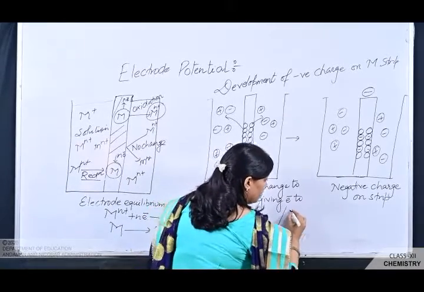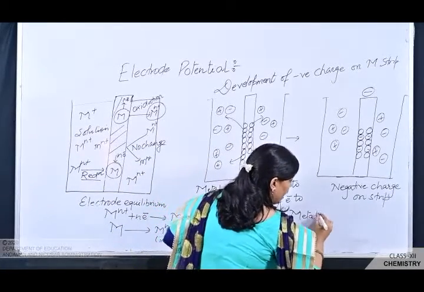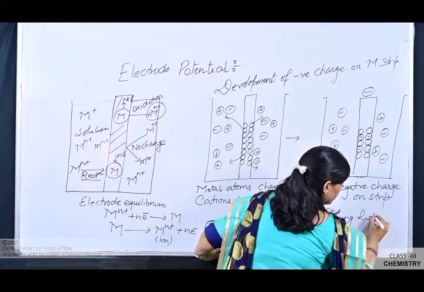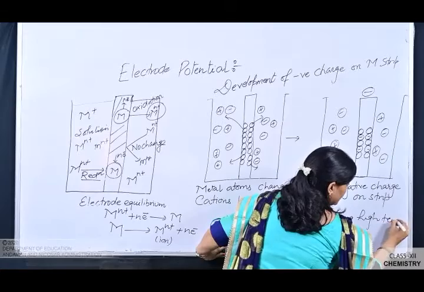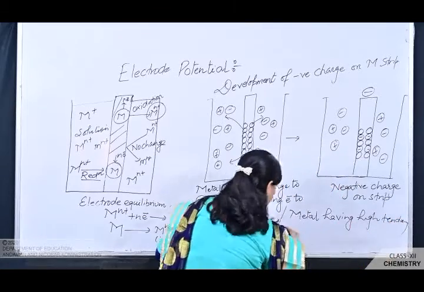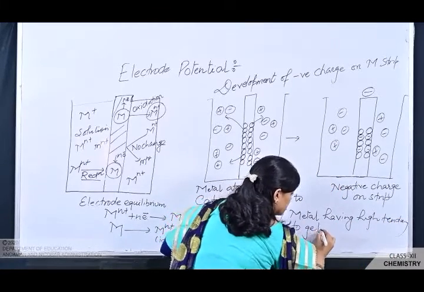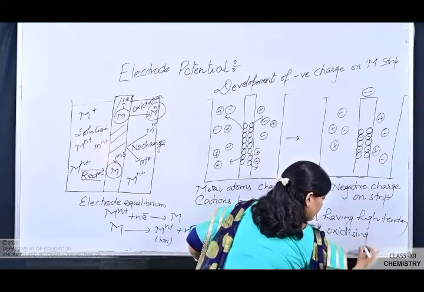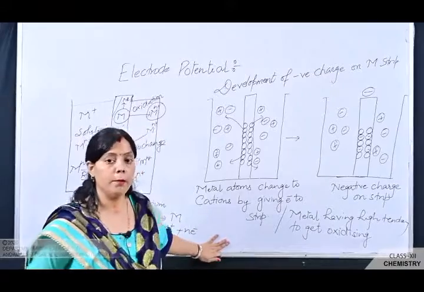This is the condition under which there is possibility to develop the negative charge on the metal strip.